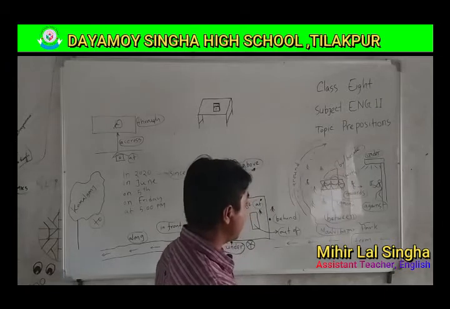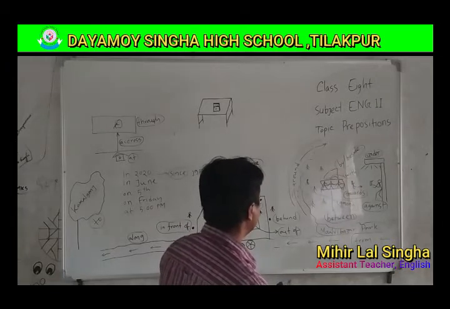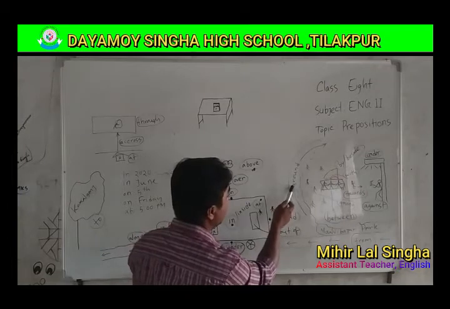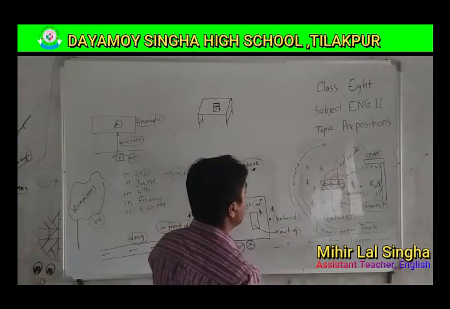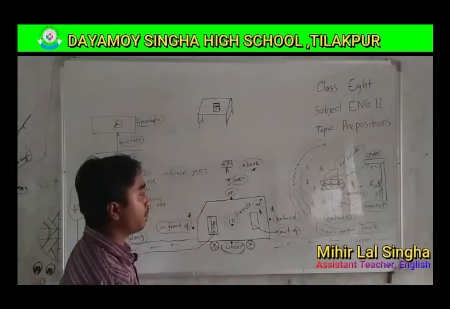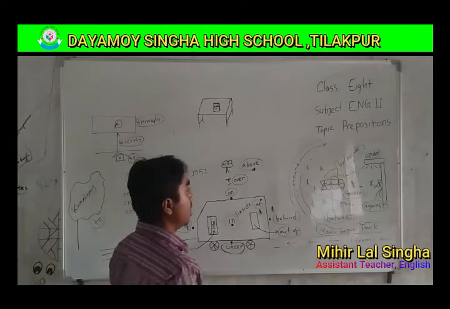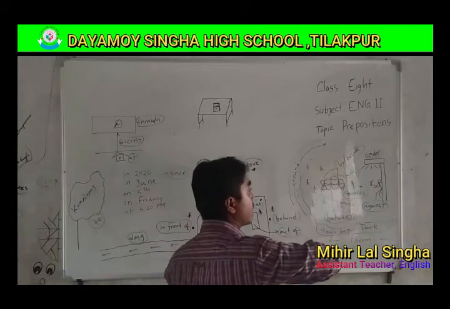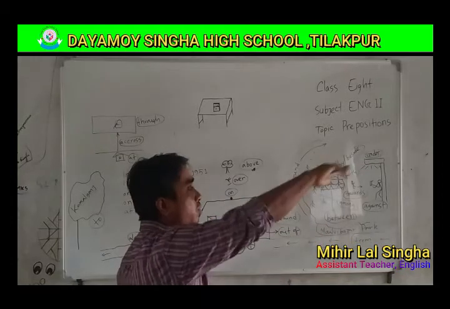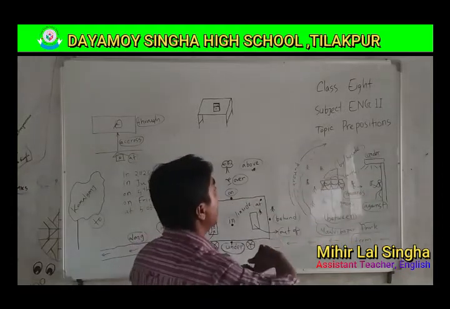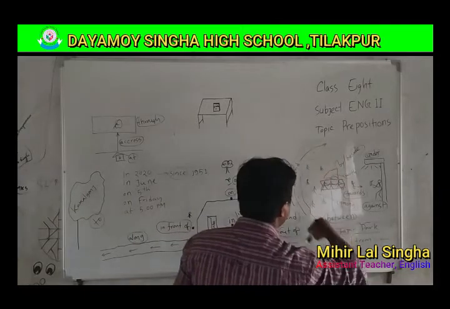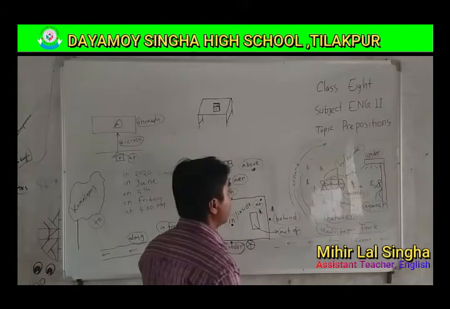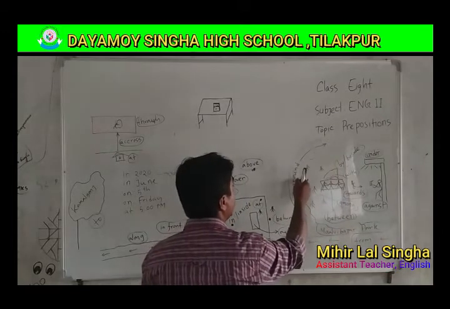Okay, so let's take a close look. I have written here the preposition around. Around means, if something covers the whole area of a certain place, then we have to use the preposition around.